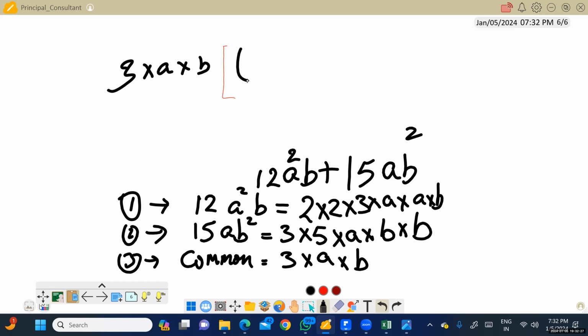If I take 3AB as common, I put this 2 into 2. Do I put 2 into 2 or not? Yes, sir. 2 into 2 into B, correct? Yes, sir.